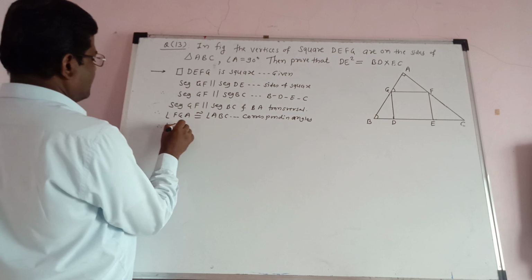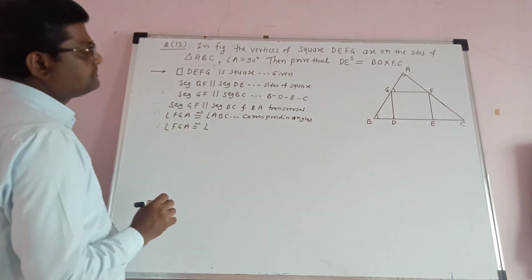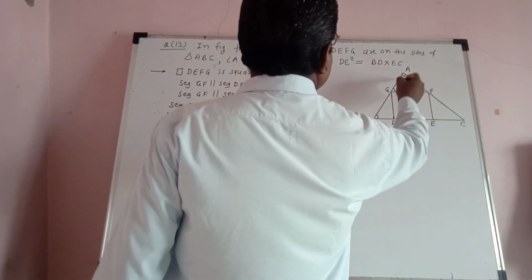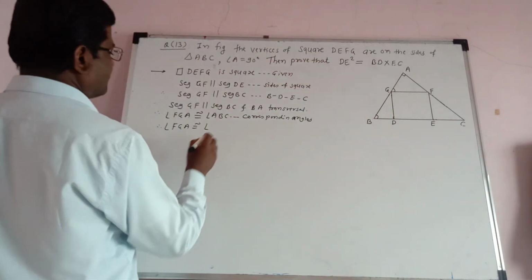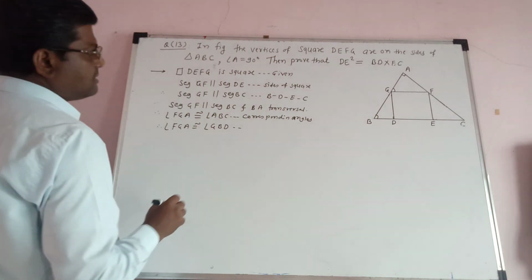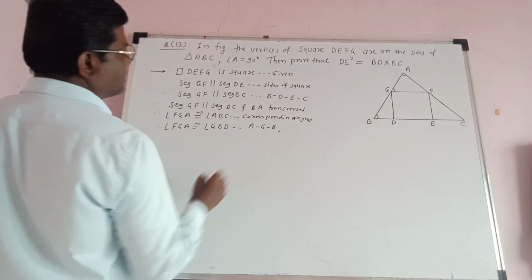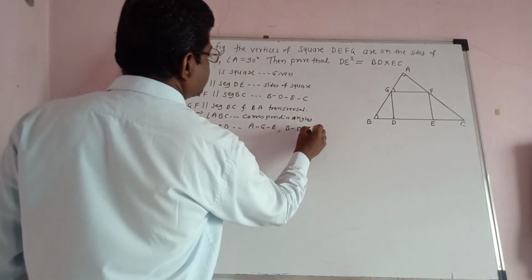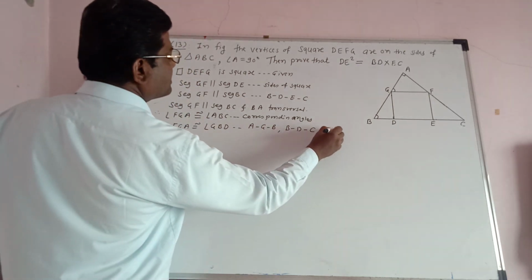Therefore, angle FGA is congruent to angle GBD, reason A-G-B and B-D-C. Let this be equation number 1.